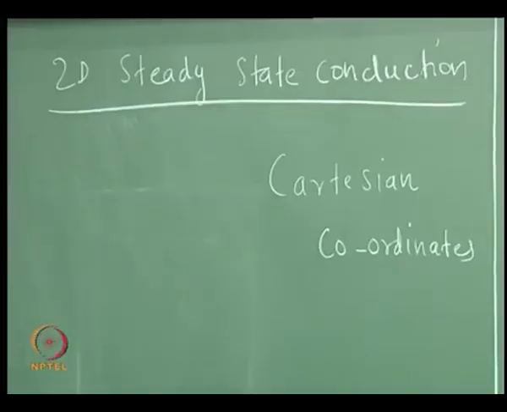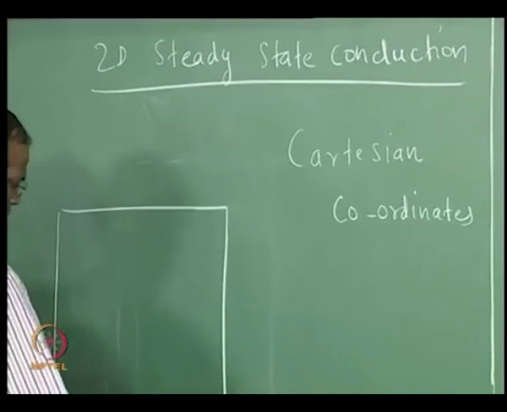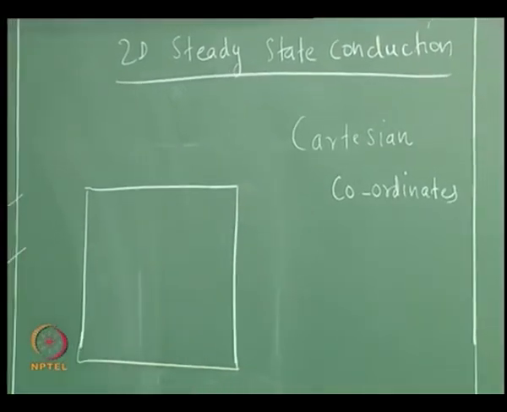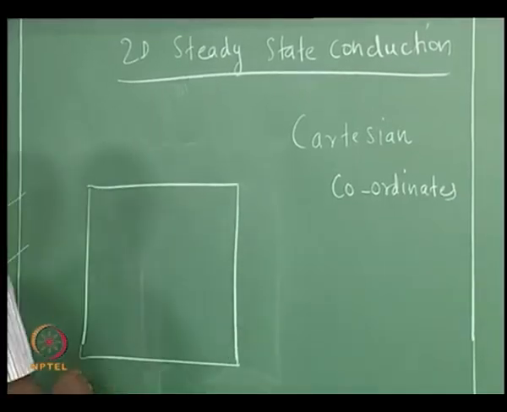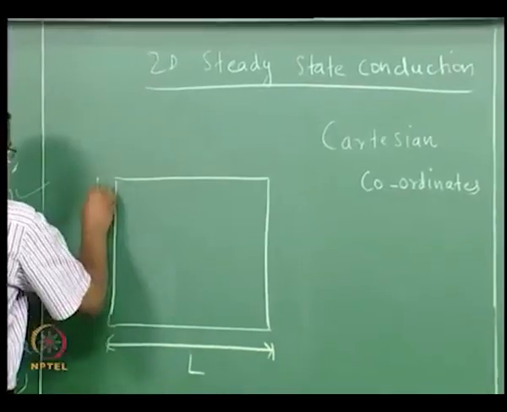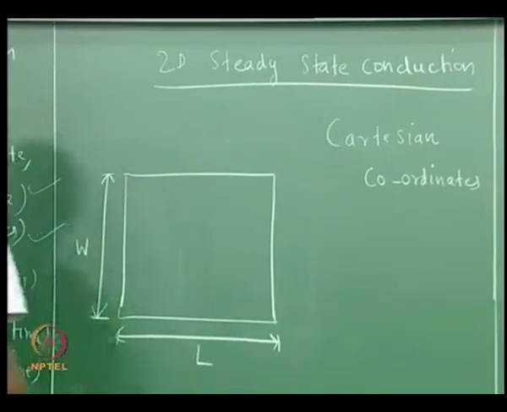Typically the problem could be like this. We take a rectangular slab which is infinite in the direction perpendicular to the plane of the paper, and typically it has dimensions L, W.